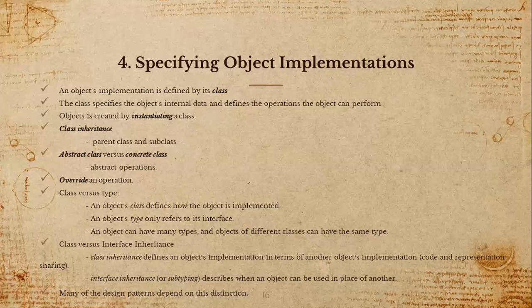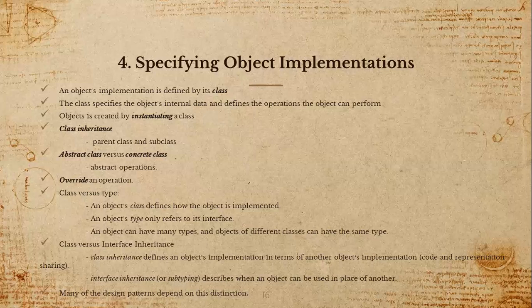A new class can be defined in terms of existing classes using class inheritance. When a subclass inherits from a parent class, it includes the definitions of all the data and operations that the parent class defines.